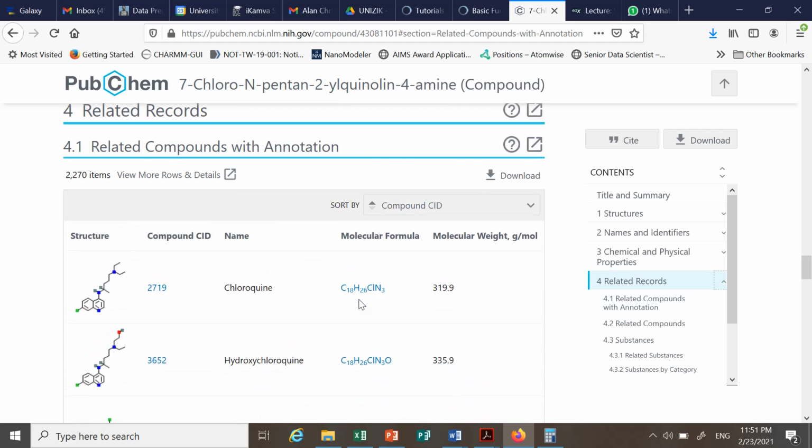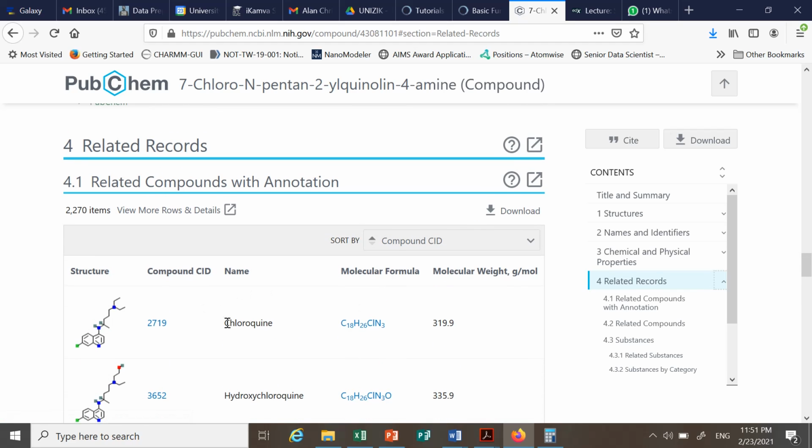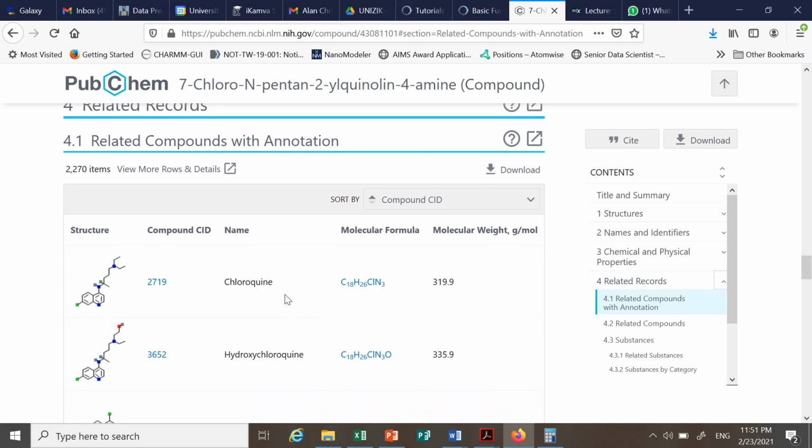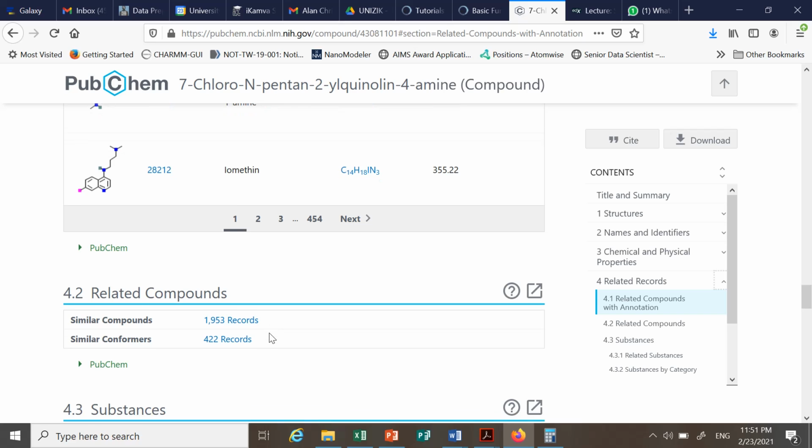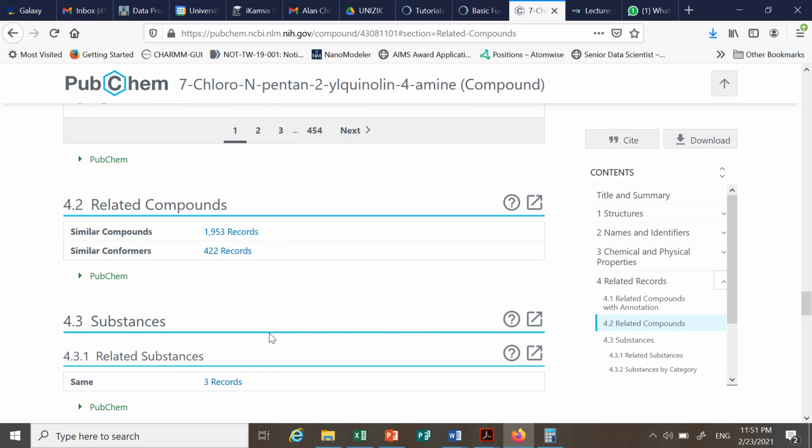Okay, you see that because I was actually trying to draw chloroquine, but I didn't complete the structure. So you can see compounds that are related to that. Of course, chloroquine and hydroxychloroquine came up amongst the compounds that are related to that particular structure that I drew. Similar compounds and similar conformers are also available.